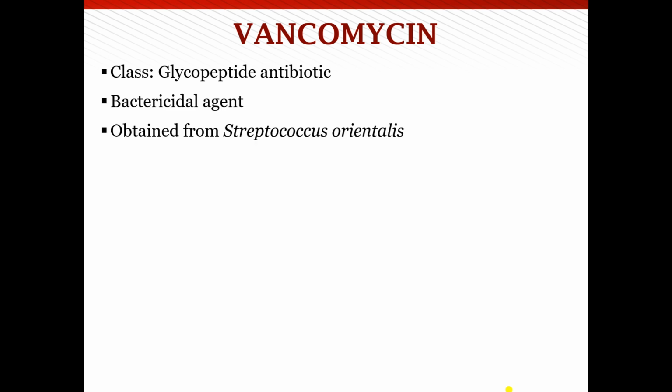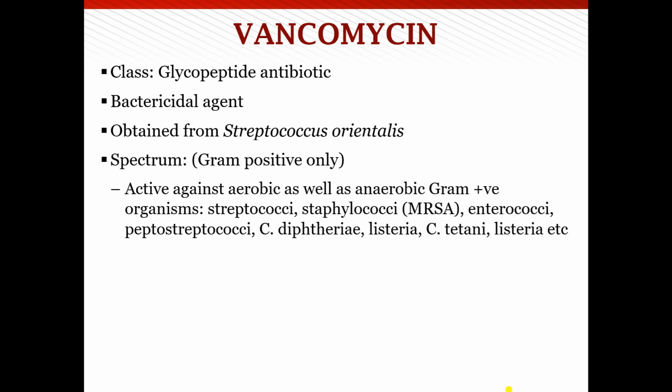Now we move to the miscellaneous antibiotics, or other antibiotics, which are chemically not beta-lactam in nature but still act on the cell wall and inhibit bacterial growth. One such drug is vancomycin. By class it is a glycopeptide antibiotic. It is a bactericidal drug obtained from Streptococcus orientalis.